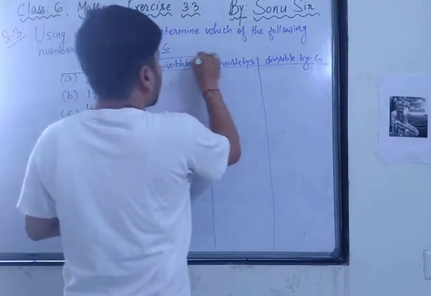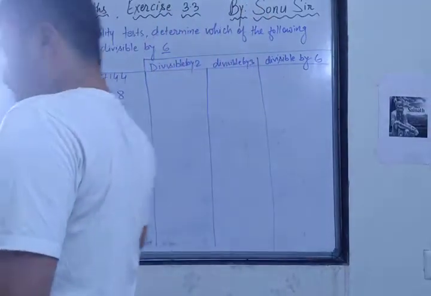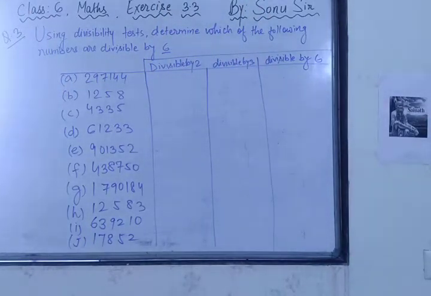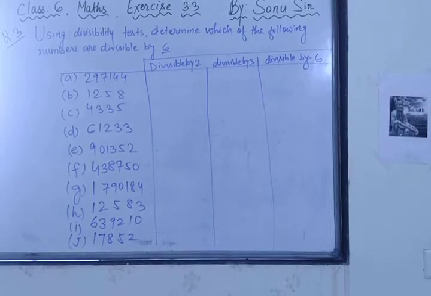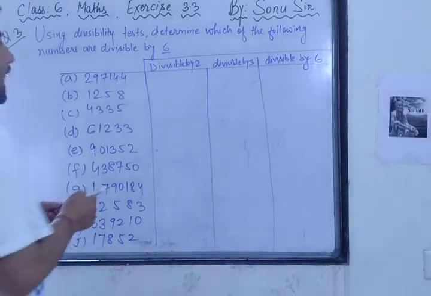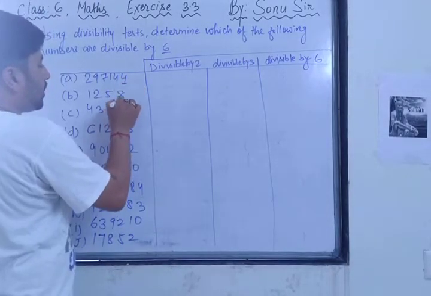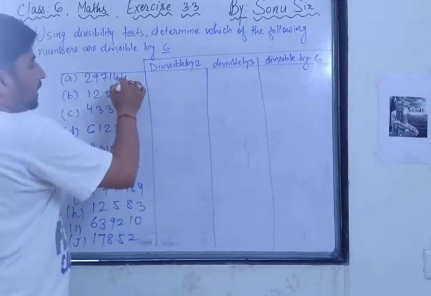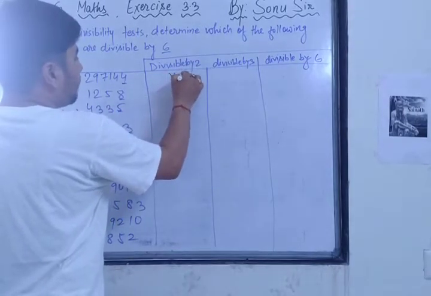So what is the rule of divisibility by 2? It means it must have an even number at the ones place. So you can see it has 4, so definitely it is divisible by 2.